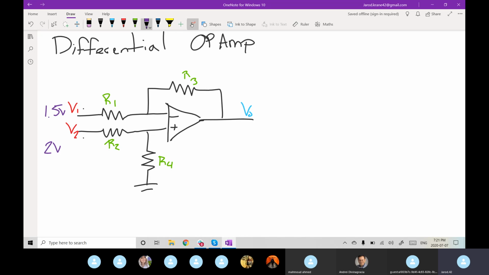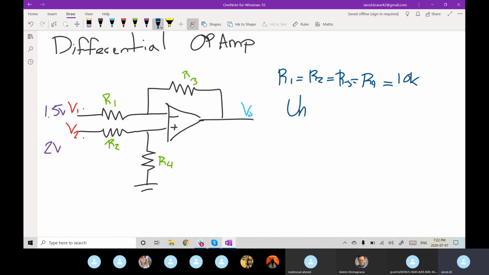So the easiest scenario to this is all of our resistors are equal. So that being, maybe we just threw a 10K on all of these.